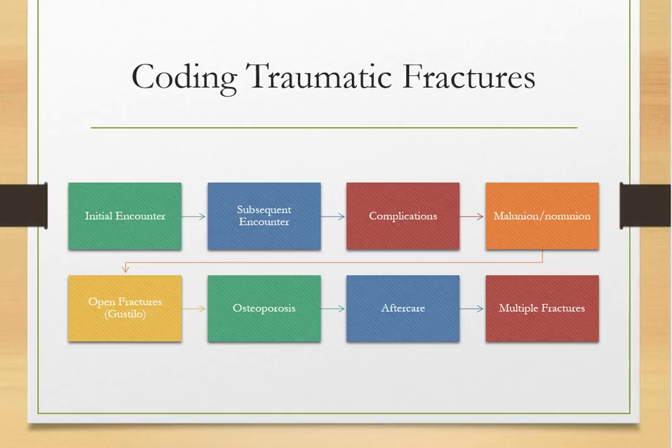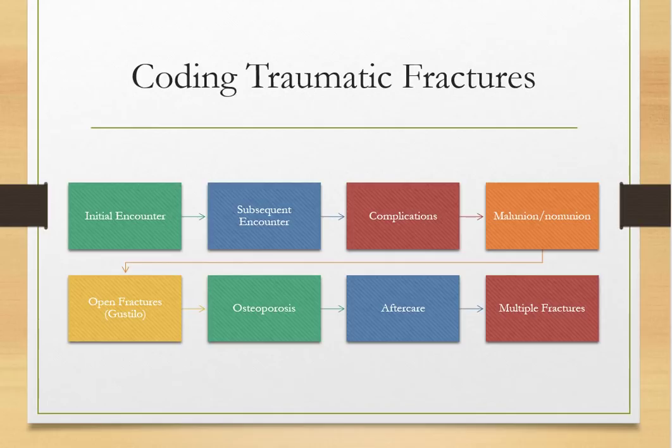So this goes beyond that seventh character of A, D, or S that we saw previously. Now, malunion and non-union. The appropriate seventh character for the initial encounter should also be assigned for a patient who delayed seeking treatment for the fracture or the malunion.